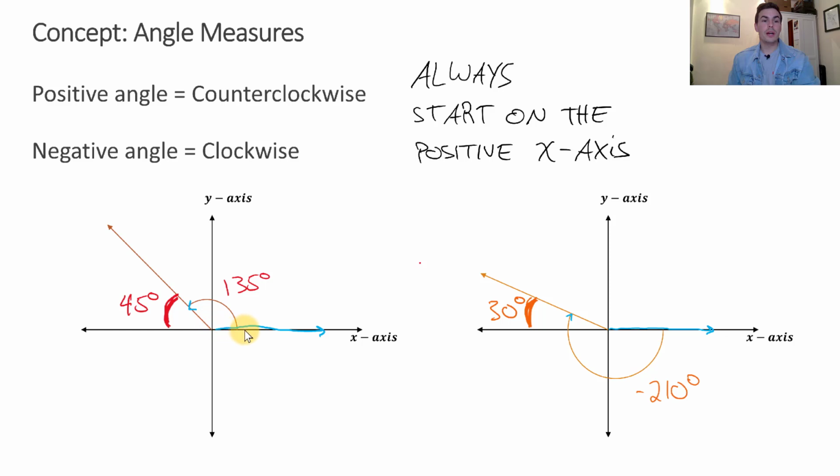So make sure we understand that our standard angle and the angle with the nearest horizontal axis are two very different things. Here our standard angle is 135 degrees. Here our standard angle is negative 210 degrees, starting at the positive x-axis every time.